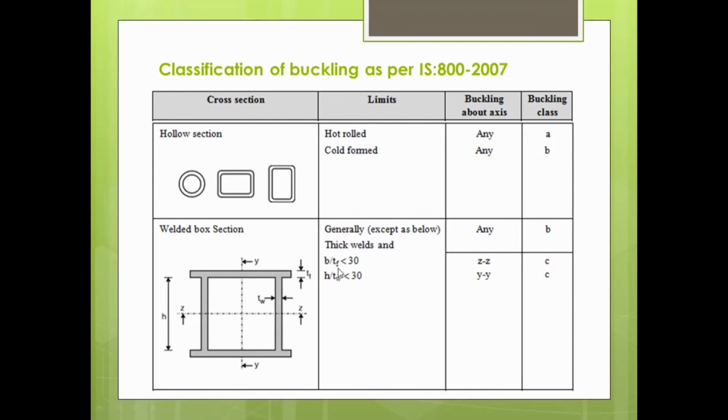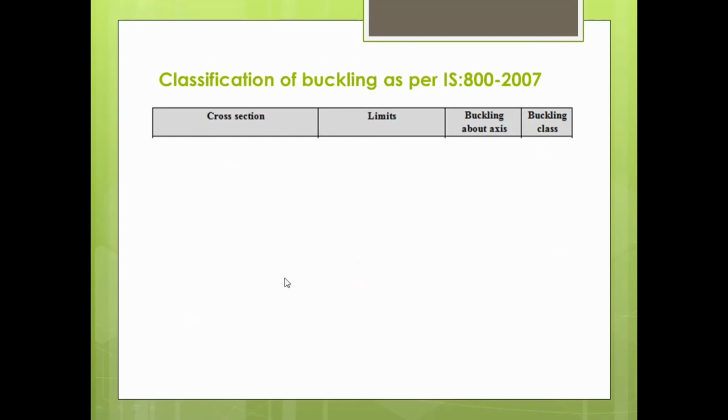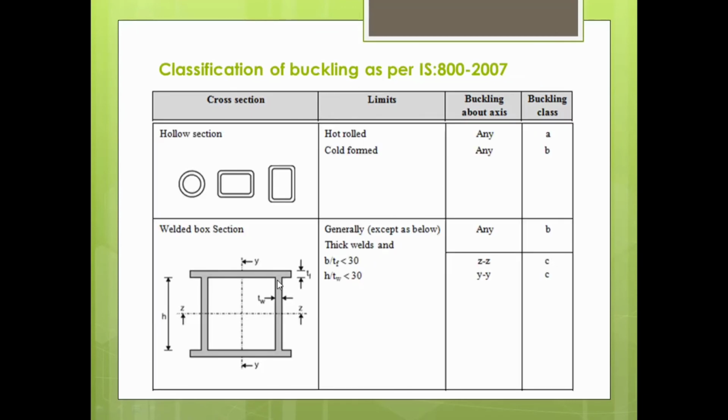So if the B by TF ratio is less than 30, then classification will be considered as C. If H by TW, where H is here and thickness of web is here, is less than 30, then classification will be considered as C. So you just need to understand this.